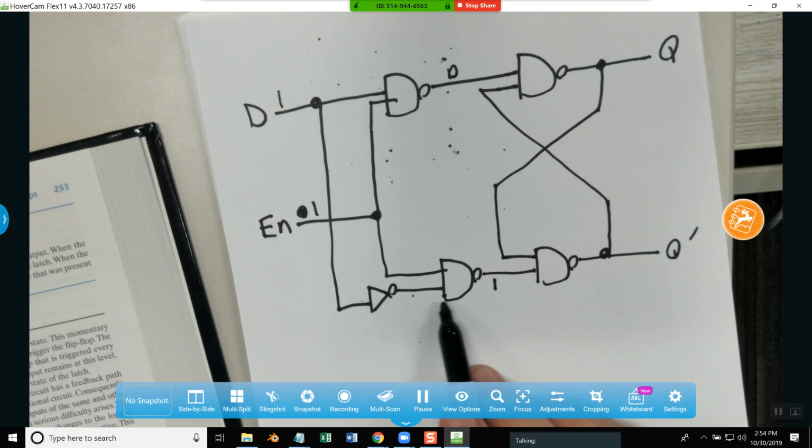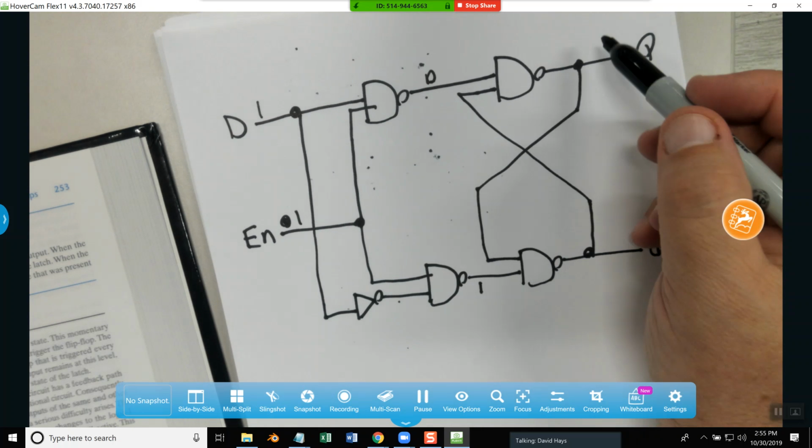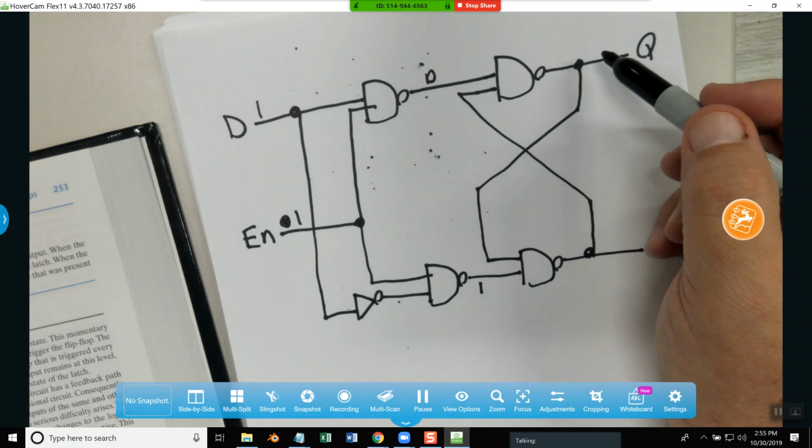Now, if my D was 0, this is coming in here. 0 times anything is 0. Inverted becomes a 1. Like that. This is coming down here, and goes through this inverter, so it becomes a 1. My enable is still 1, so that's a 1. 1 and 1 is 1.